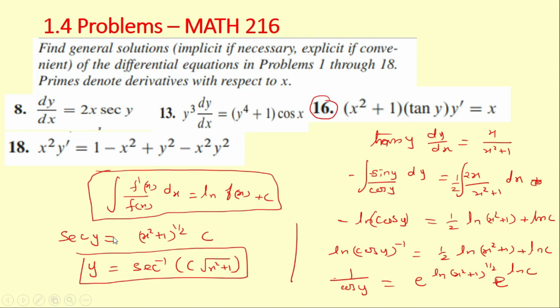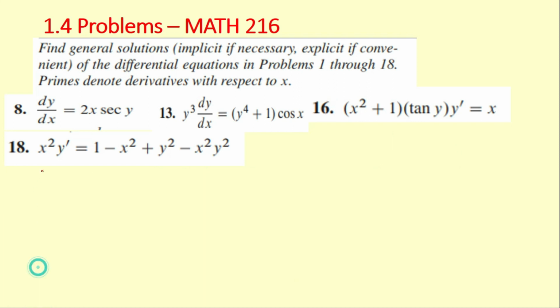Now I am moving to problem number 18. Problem number 18. Now again the same technique, separation of variables. Y in the left side, right side will be x. This is x square dy over dx.